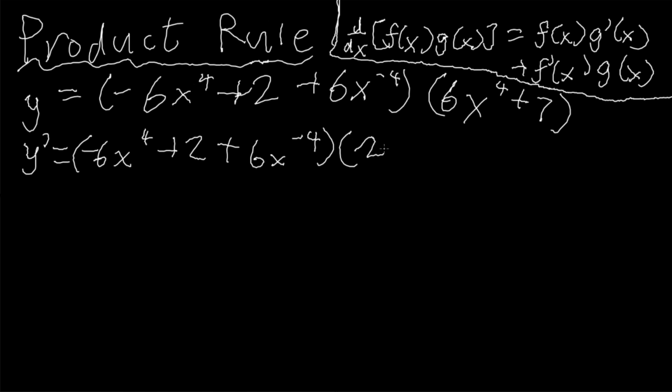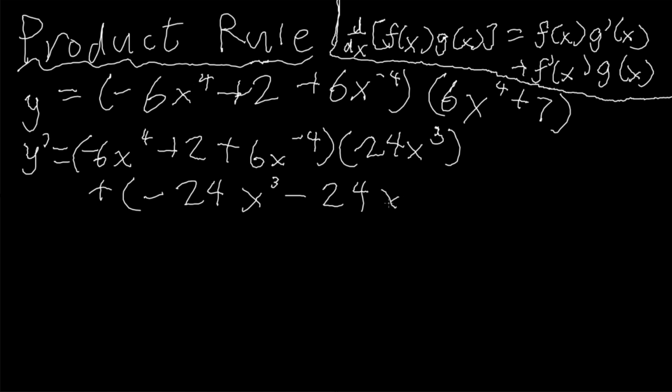So this will be 24x cubed plus 0 because it's a constant, and then plus the derivative of f of x. This is what we have to do. 6 times 3 plus 0, and then negative 4, so negative 24 times 6x to the 4 plus 7.